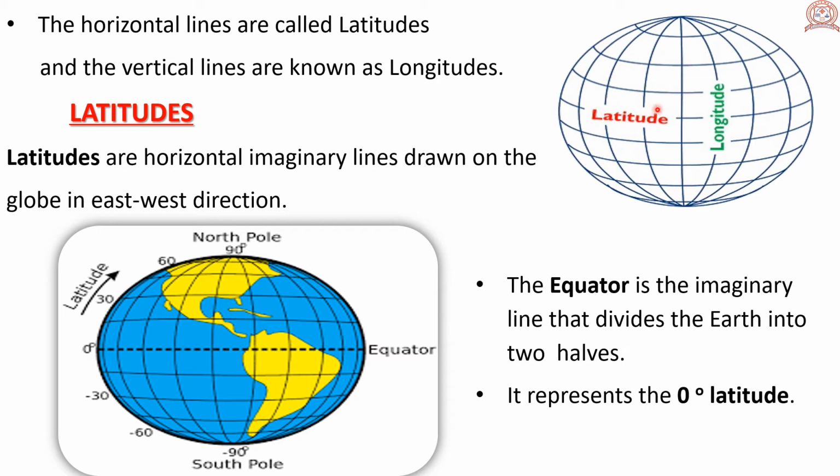These horizontal lines are called latitudes and the vertical lines are called longitudes.